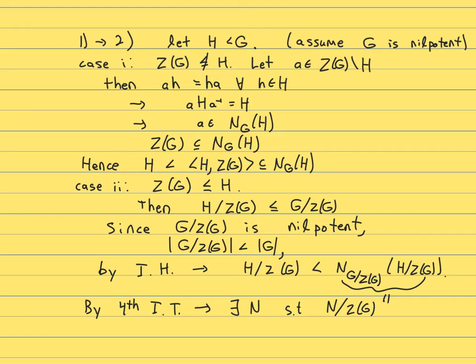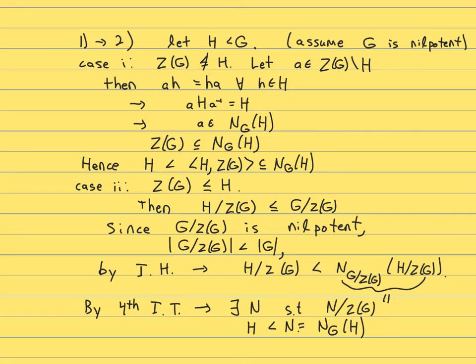And H is a proper subgroup of N. With some thought, you can see by the lattice isomorphism theorems that in fact N is the normalizer in G of H. And so then that would give it to you. H is a proper subgroup of its normalizer.